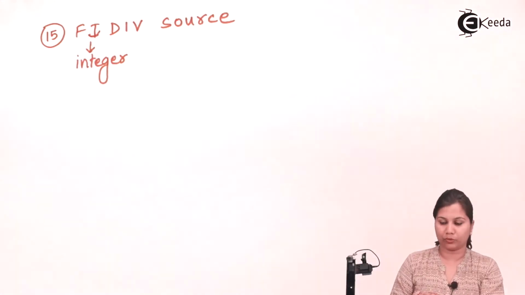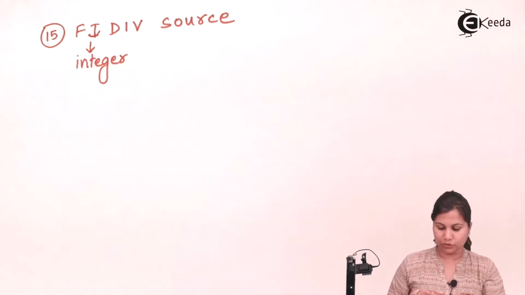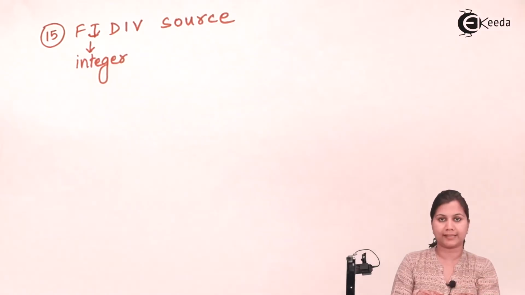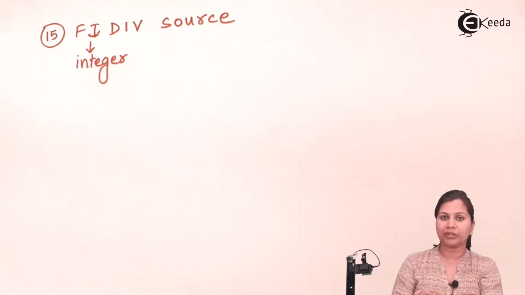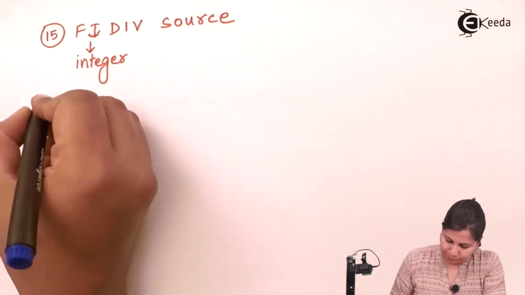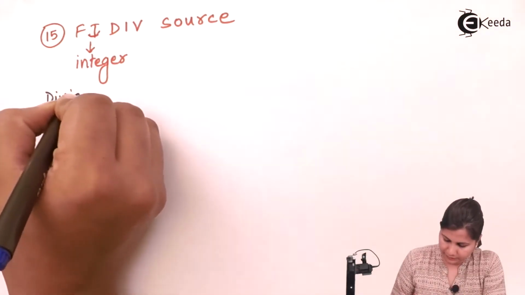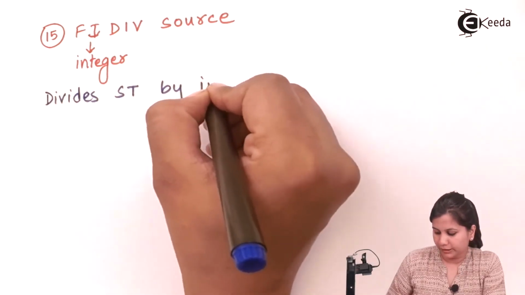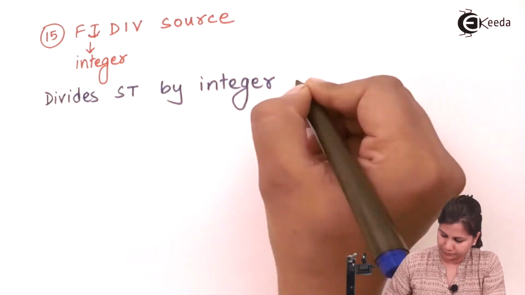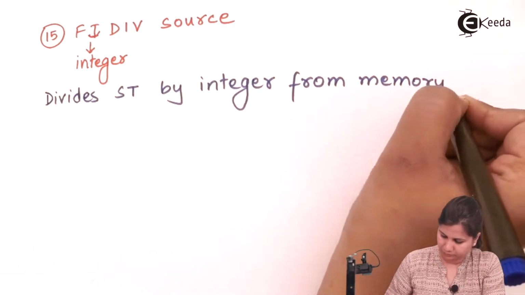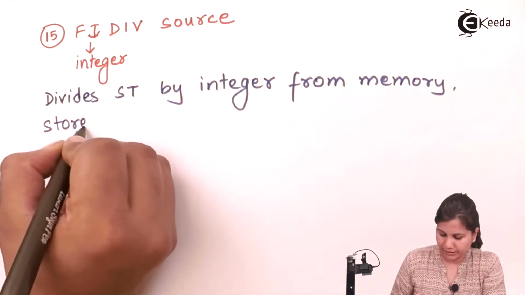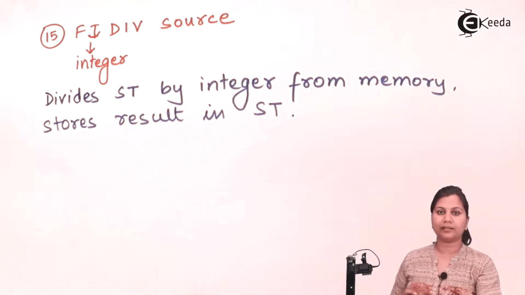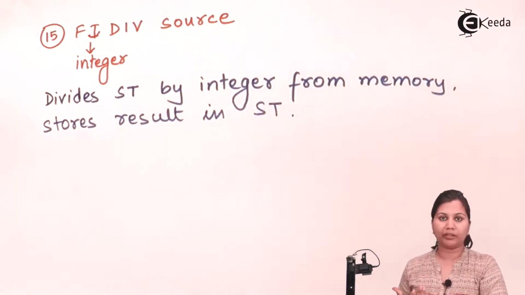The integer stored at some memory location divides the top of the stack, that is ST, and the result will be stored in ST. So here it divides ST by the integer from the memory. Then the result is stored in ST, which is again the top of the stack, where the stack pointer is pointing.